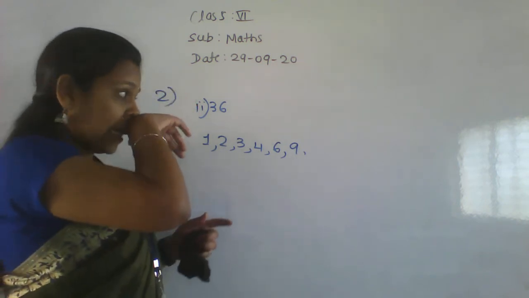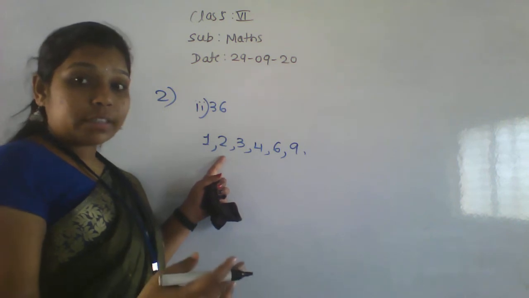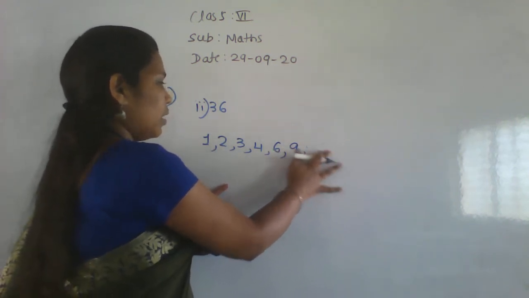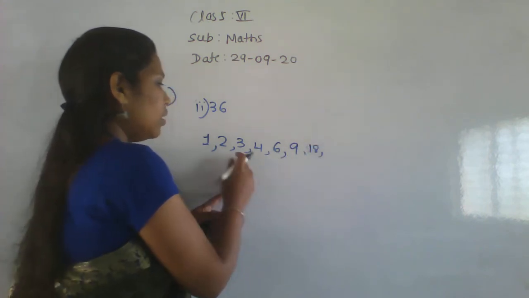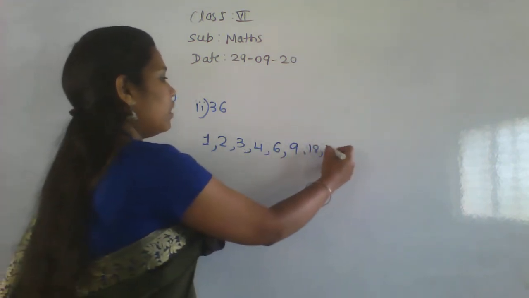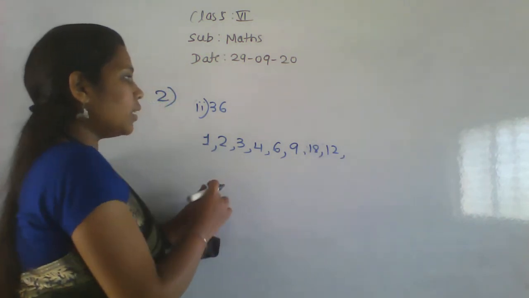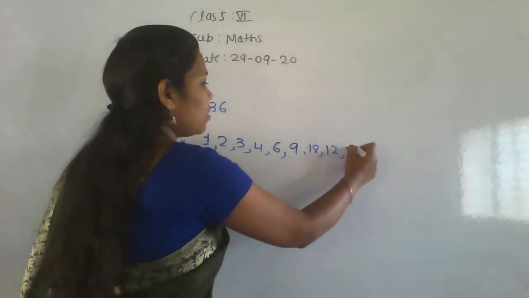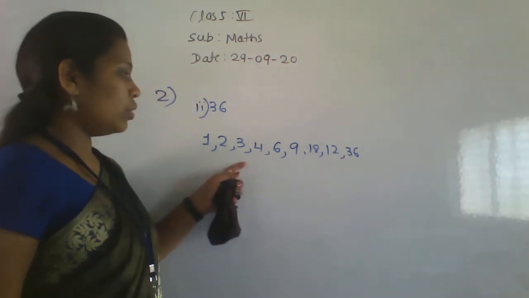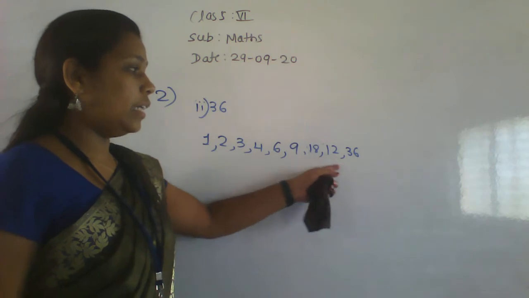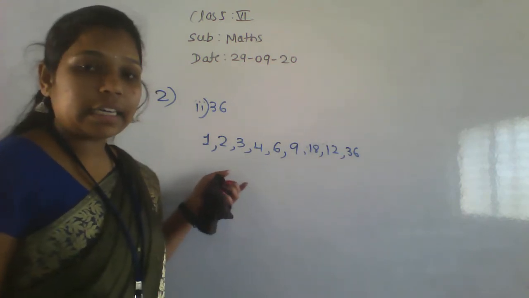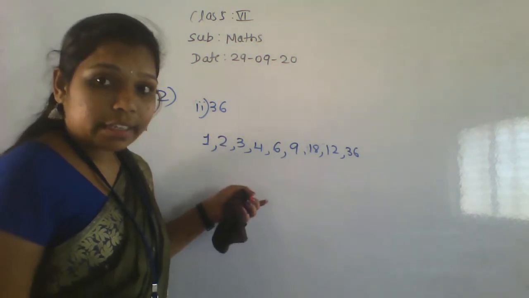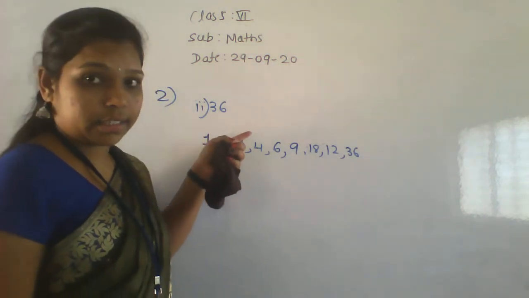After that, see here. 2 18s are 36. Next 3, 3 12s are 36. 4, 9s are 36, already written. So the last number is 36. The factors of 36 are 1, 2, 3, 4, 6, 9, 12, 18, 36.